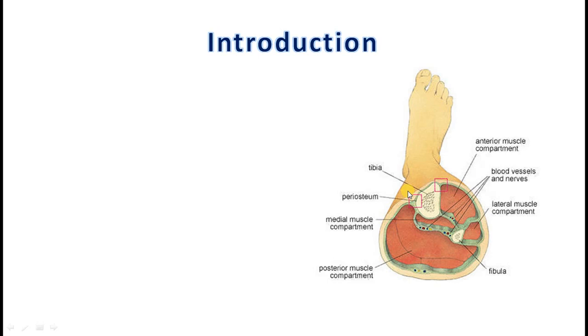But medially there is no fat and also no muscles; it is completely subcutaneous. So you can feel the whole length of the shaft of the tibia on the medial surface.